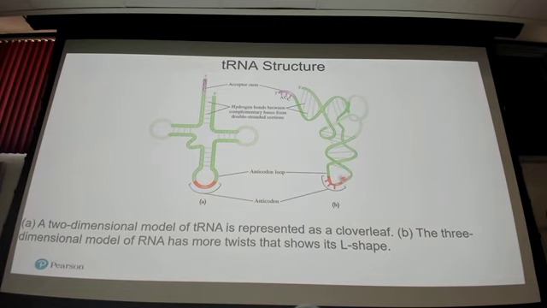The anticodon is here, so the amino acid that binds here codes for whatever anticodon is here, and this anticodon matches up to the codon found on the messenger RNA molecule. Does that make sense? So the messenger RNA contains the codon that is derived from the DNA.